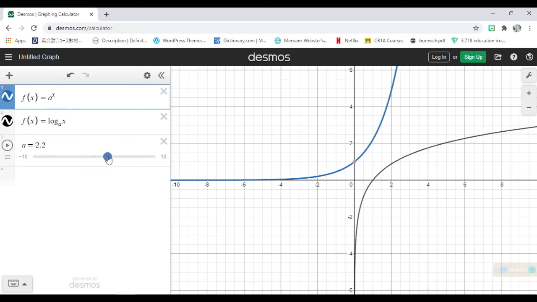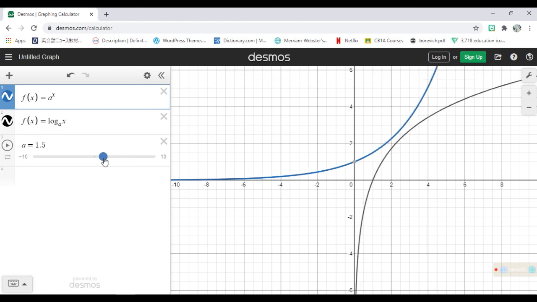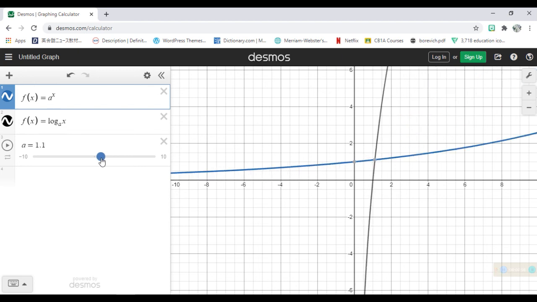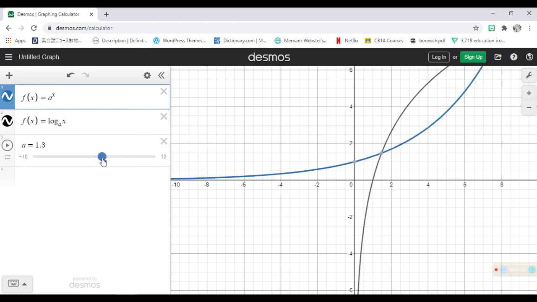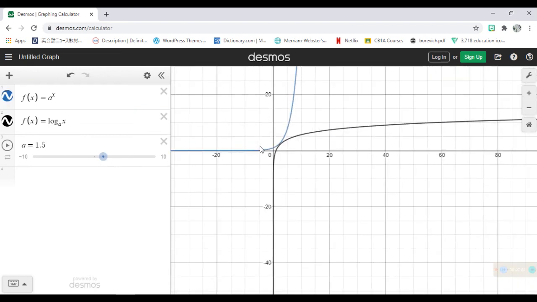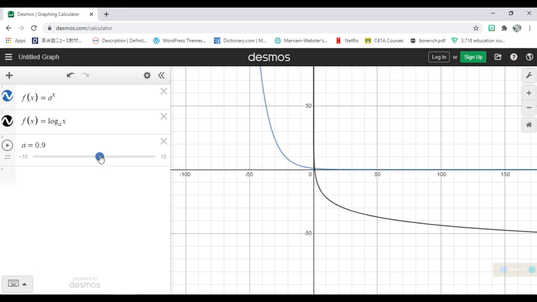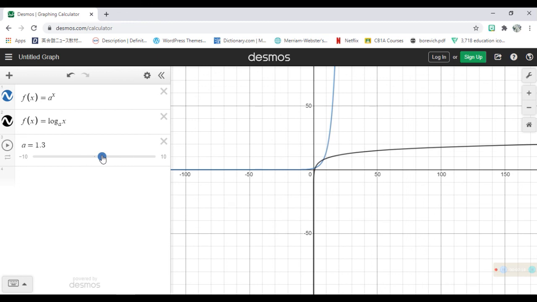And if we move the slider, the functions will always reflect one another. They will always be symmetric. So to look at it better, let's pan out. This is how your graph will look like. They are always symmetric to one another. Okay?